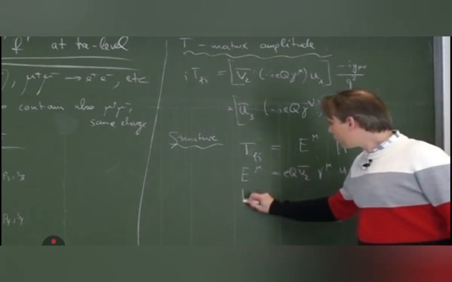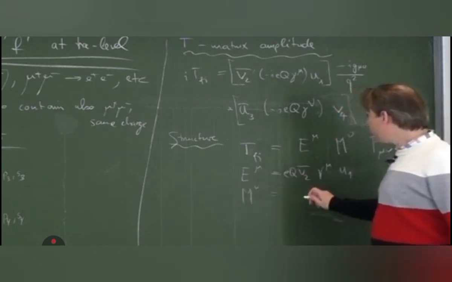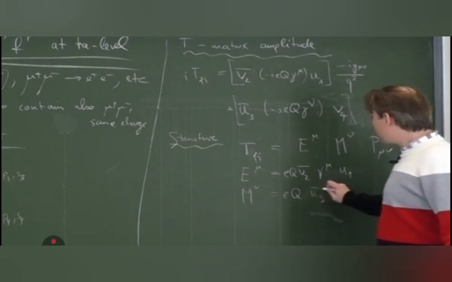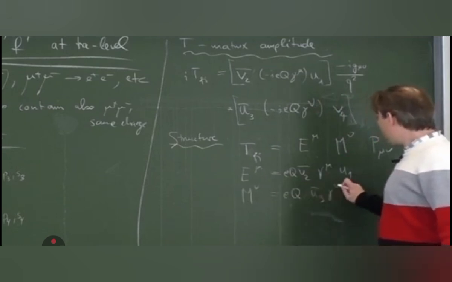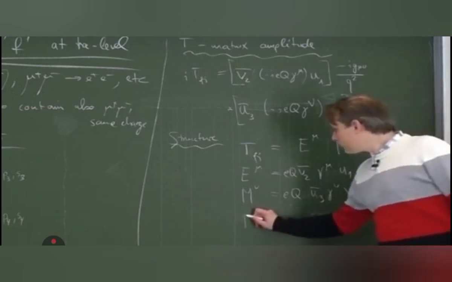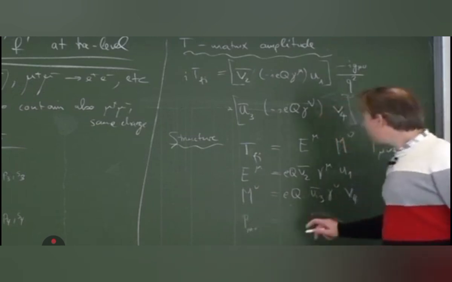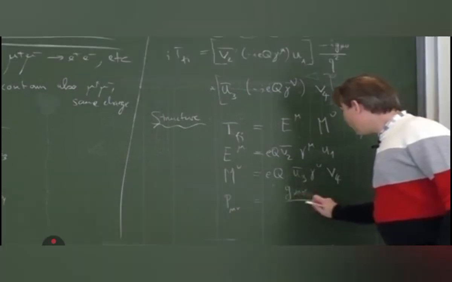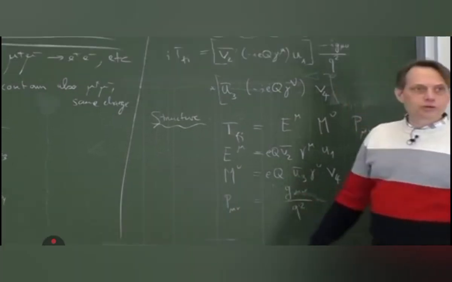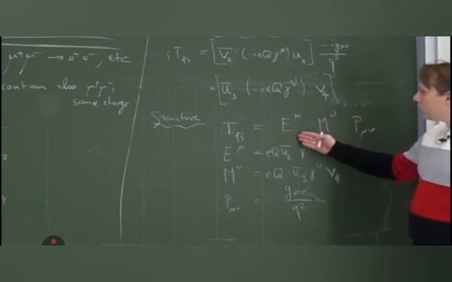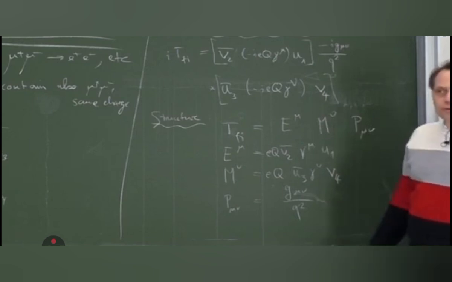For the muon M nu, we have e Q u bar 3 gamma nu v4, and the photon propagator P mu nu is simply g mu nu divided by Q squared. And so we have beautifully separated our T matrix element into the three factors corresponding to the three elements.